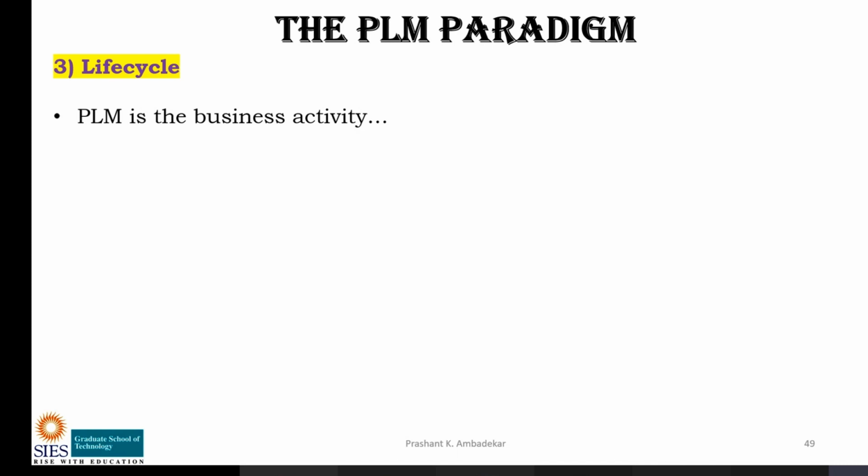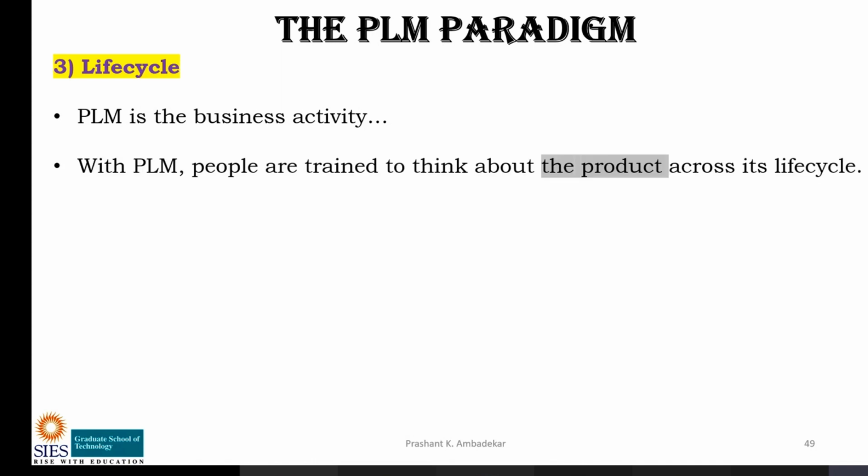It is the activity of the company for the product. With PLM, people are trained to think about the product across its life cycle. So in PLM, every time the focus is the product. You must have heard me saying this a number of times. It is about the product. Everything is about the product.